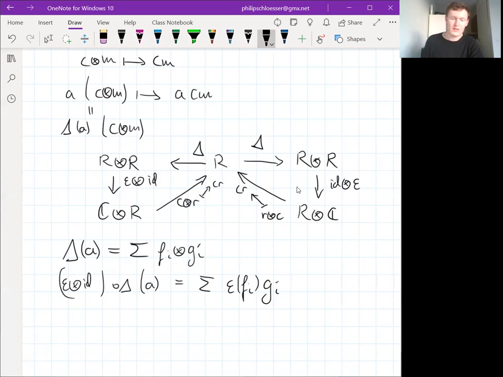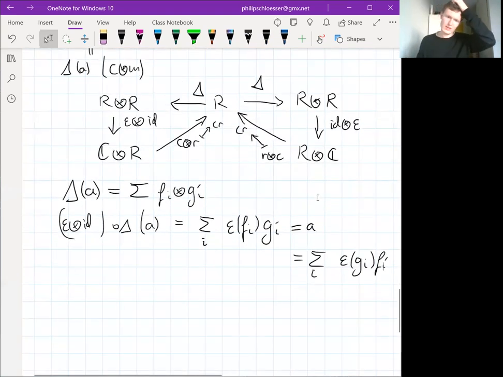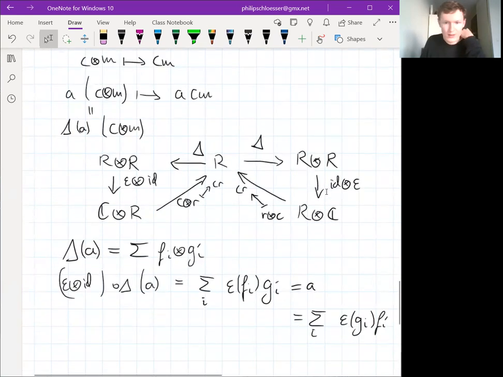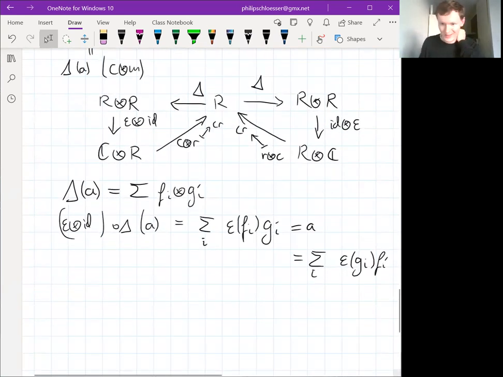So that means just this, that should be A. And the same way we have that A should be equal to this. So this is still some very heavy restriction on delta and on epsilon, but I'm not sure how intuitive it really is.